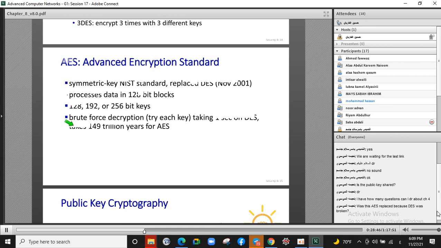With similar specifications in our computing platforms, we should spend 149 trillion years to decrypt AES encrypted messages. It's very good.